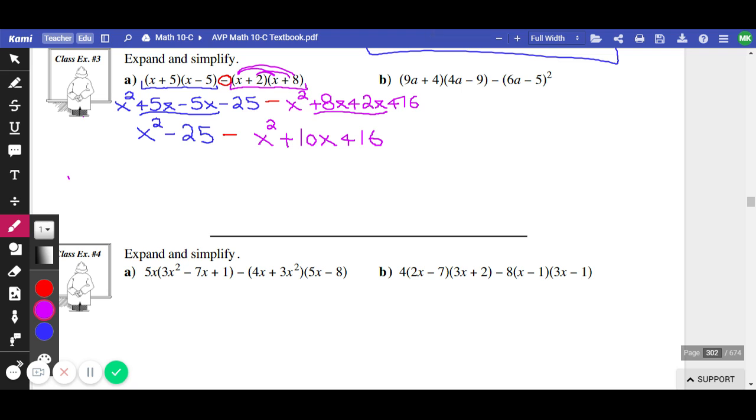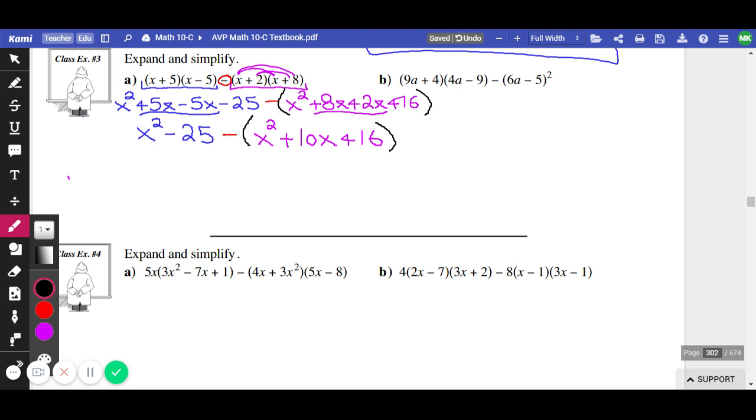I wanted to subtract the entire purple side. If you look at how I have the question written right now, I'm only subtracting the x squared. So what we need to do is put brackets around the purple side.